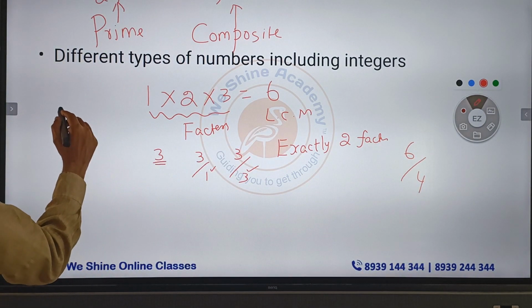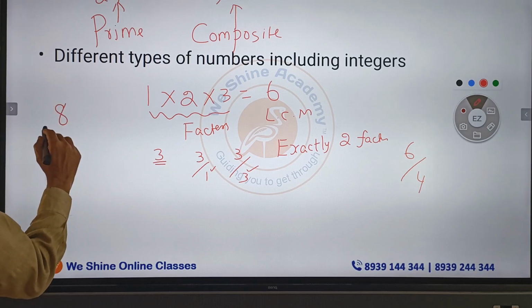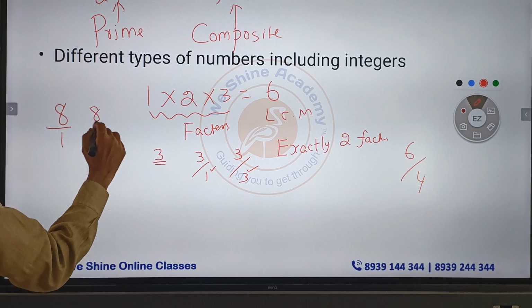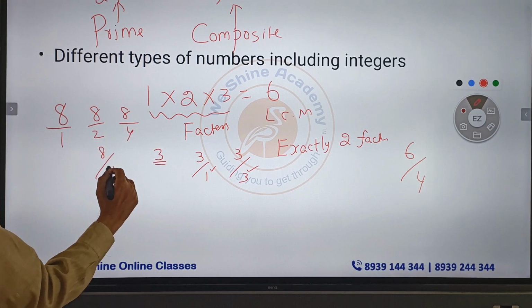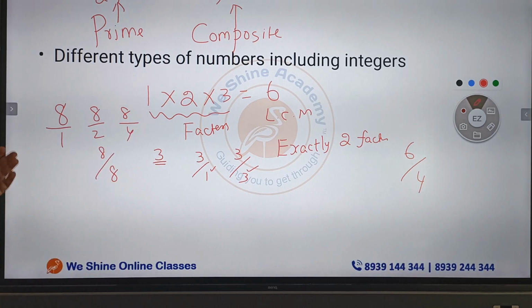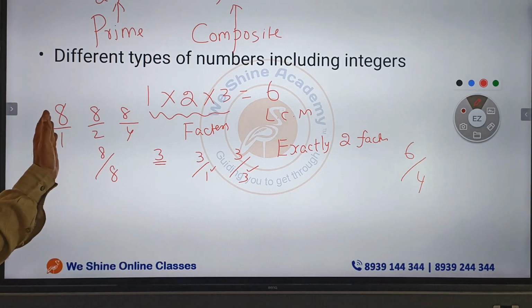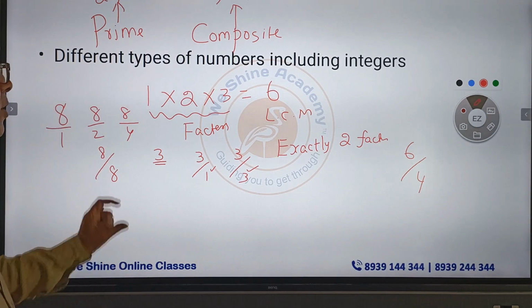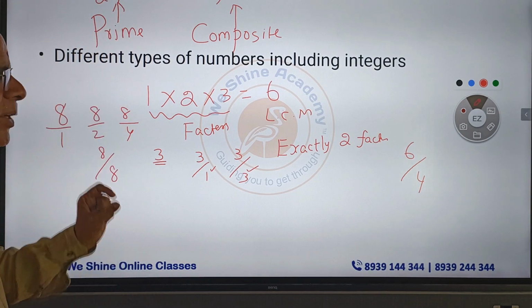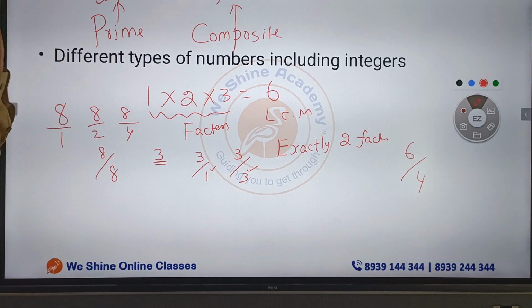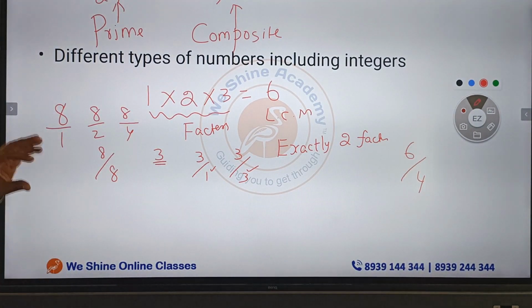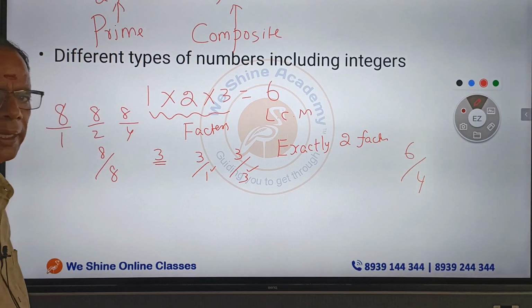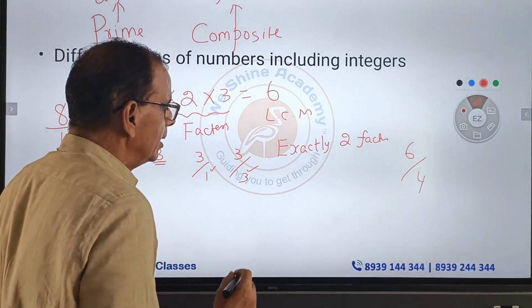Suppose number 8 is there, you can divide it by 1, 2, 4, 8. How many factors are there? 4 factors are there. That means it is a composite number. Briefly telling, a number having exactly two factors is called a prime number, and a number having more than two factors is called a composite number.